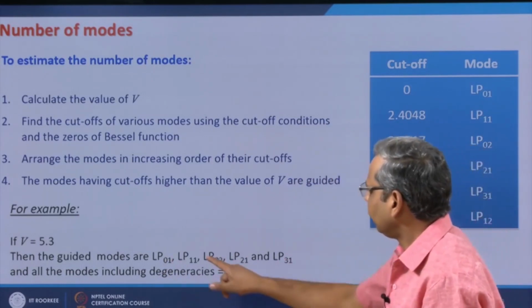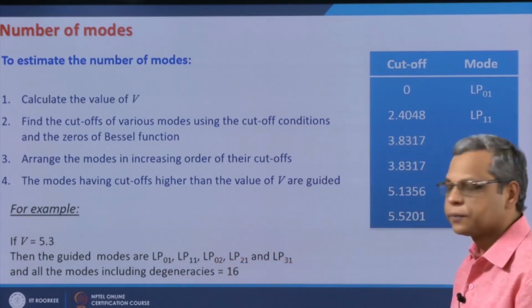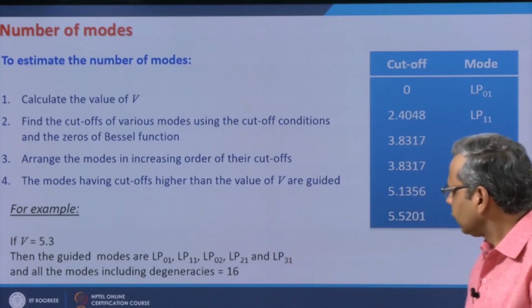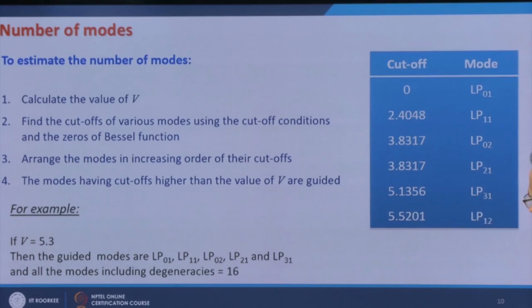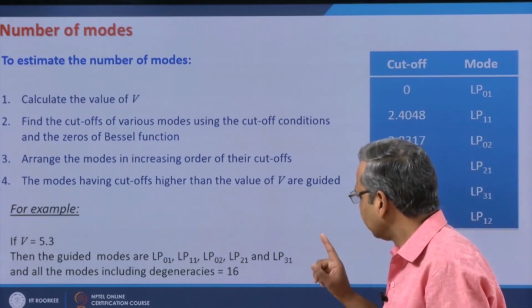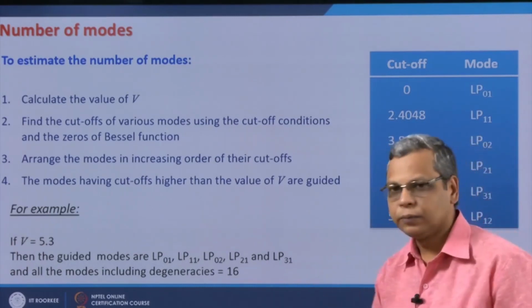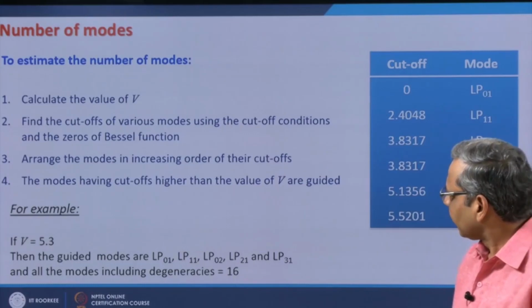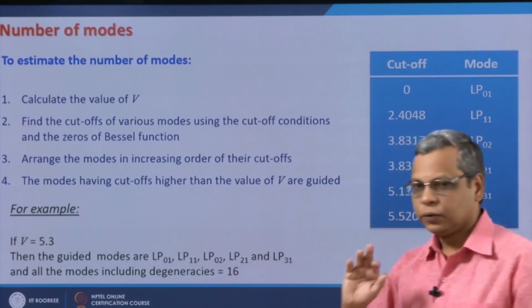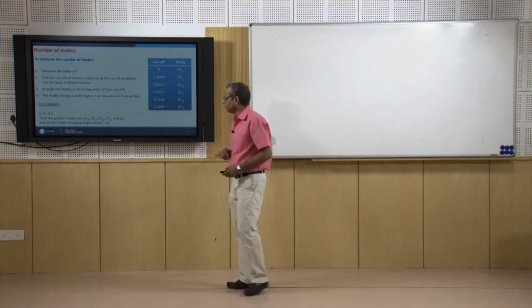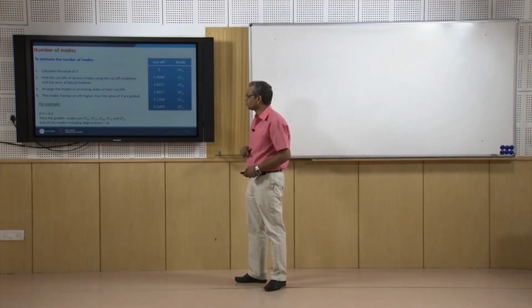Then I have 3 modes with L not equal to 0, so they will have 4-fold degeneracy and they will comprise 12 modes. So I will have 12 plus 4, 16 total modes including the degeneracies. So this is how I can calculate the number of modes.